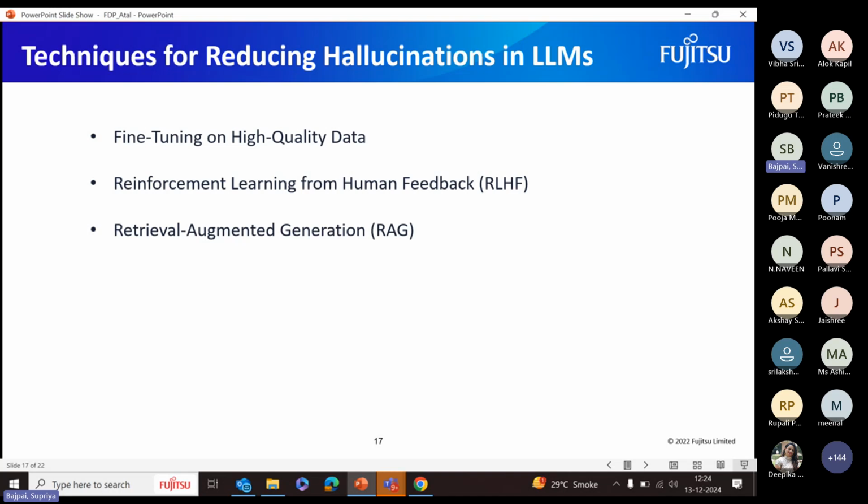You give some documents to the system, and it will go and look up the documents, extract the important information, and then come back with the answer. So it is retrieval augmented, and generation is since LLMs are also involved.